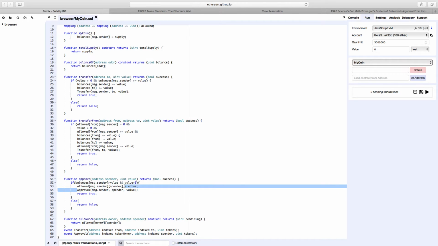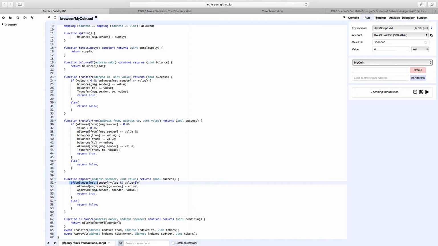So we have to call the approval event, and what the approval event does is that it takes a donor address, a receiver address, and a value, and logs that information onto the Ethereum blockchain, saying that the donor has allowed the receiver to spend this much money on his behalf. Basically, it just logs these three pieces of information onto the Ethereum blockchain, but you get the idea.